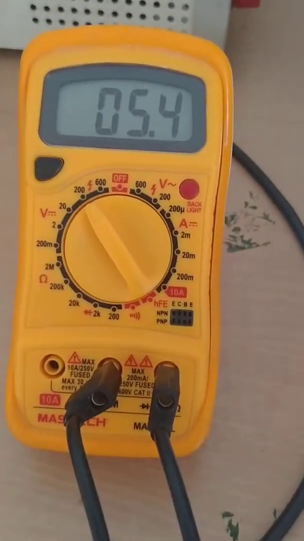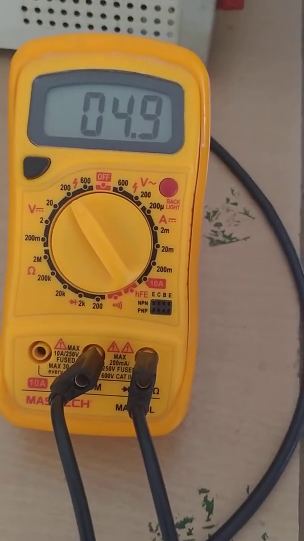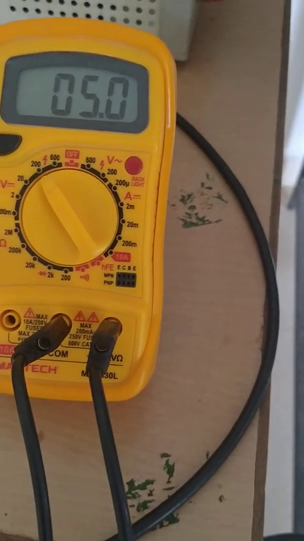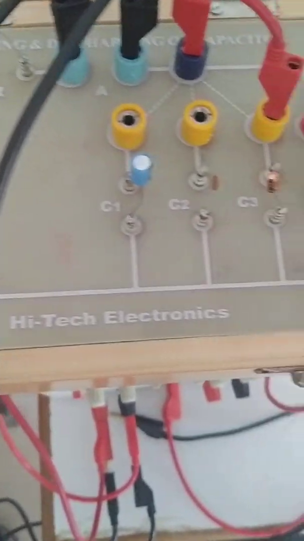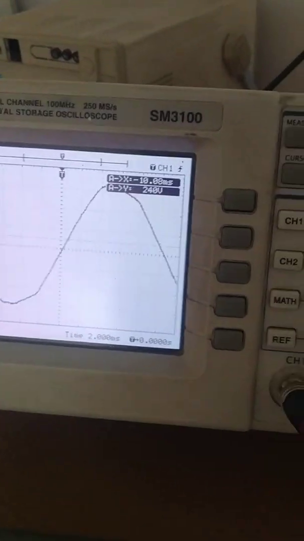Set the voltage to approximately 5 volts. This voltage is provided as input to this kit, and the output we can observe on this DSO.